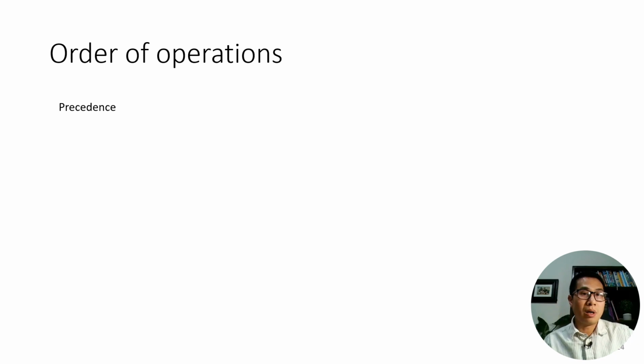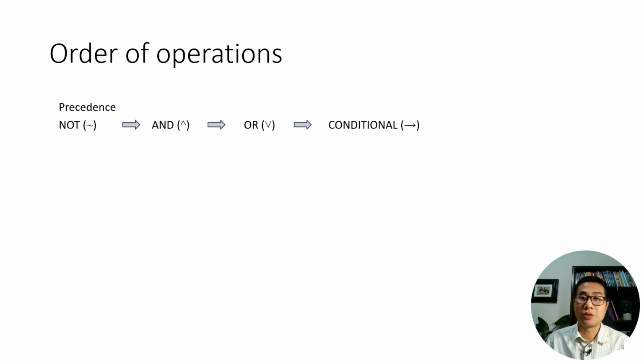Then the order of operations: we will start with the not first. Then we'll have the and operation, then the or operation, then the conditional statement, then the biconditional statement.